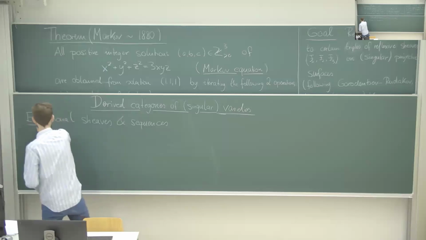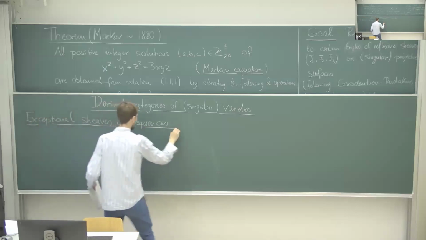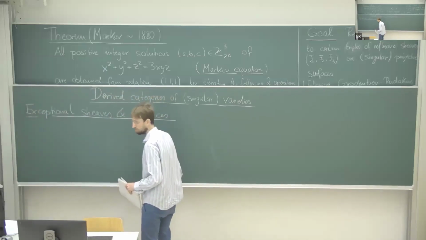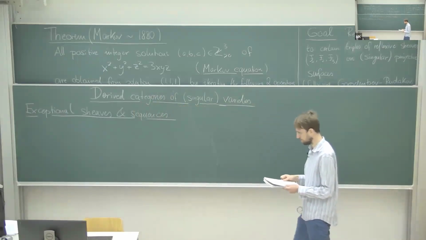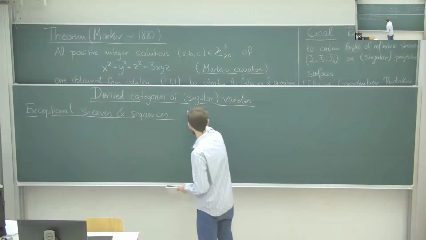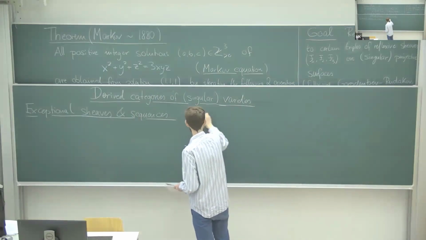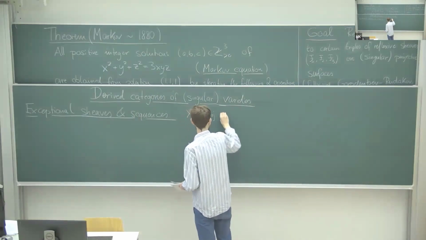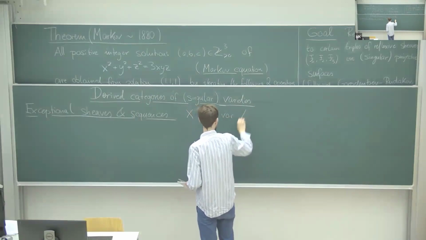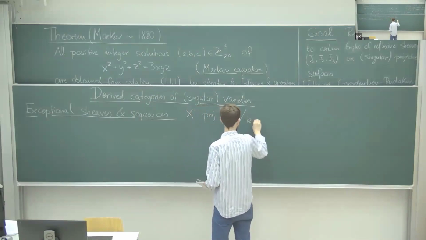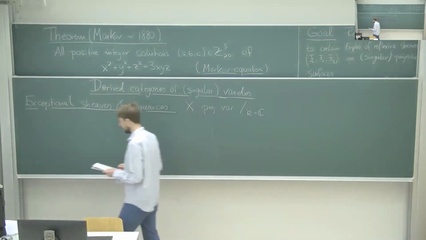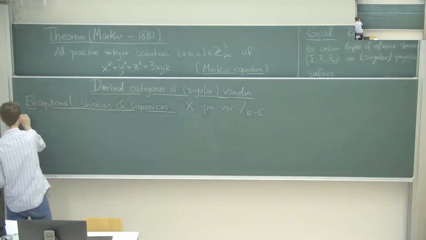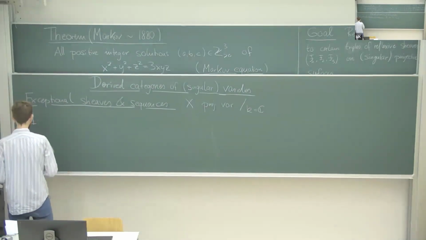Okay, so I want to start with explaining what exceptional sheaves and exceptional sequences are. The setting is that X is a projective variety over the complex numbers. And now the definition of an exceptional object.